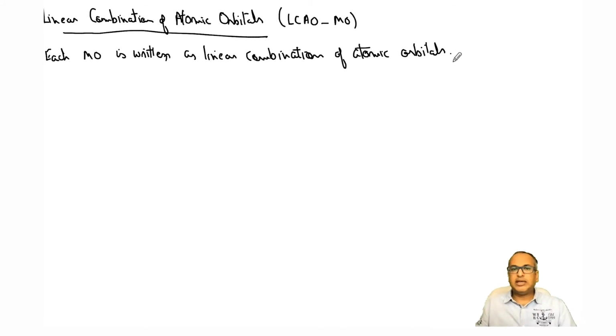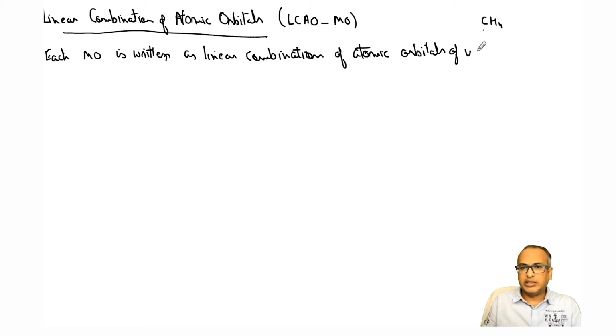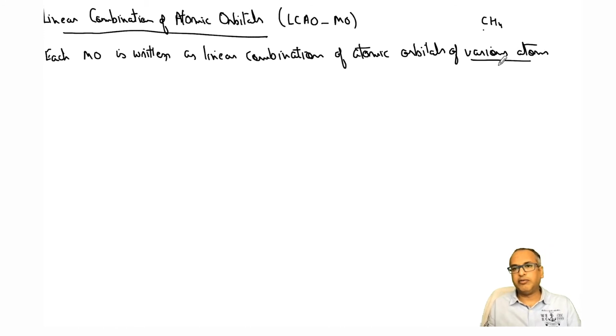We can also start with, let's say if we are talking about carbon and hydrogen, carbon orbitals and hydrogen orbitals independently, or we can also start with the hybrid orbitals of carbon and atomic orbitals taken together, because the atomic orbitals of carbon eventually give rise to hybrid orbitals, and that will combine with the atomic orbitals of proton. We'll see how it goes. So let's first start with various atoms. One difference is that we are not talking about only the central atom. We are including all the atoms.